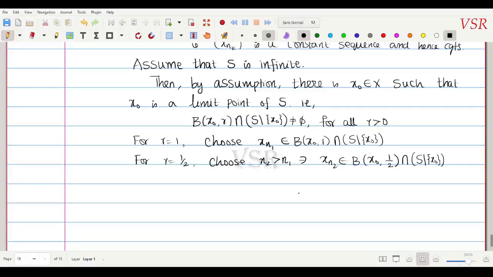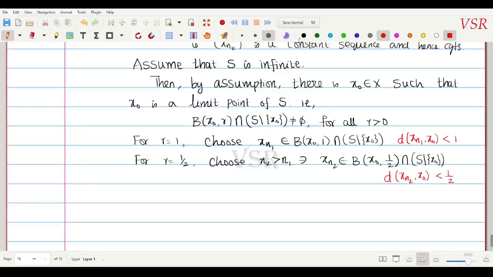From this we see that the distance between xn1 and x0 is less than 1, and the distance between xn2 and x0 is less than 1/2.